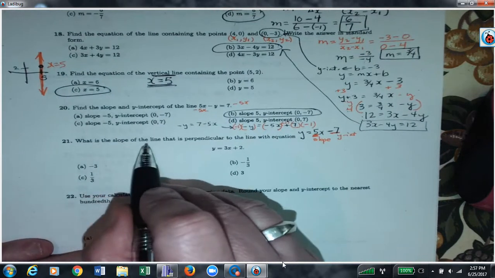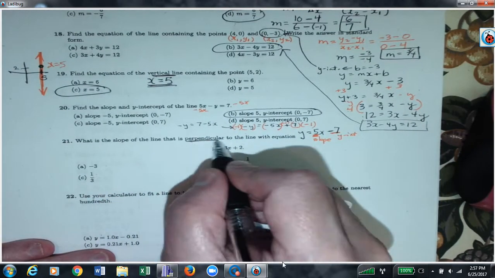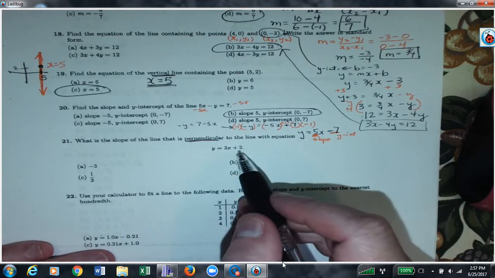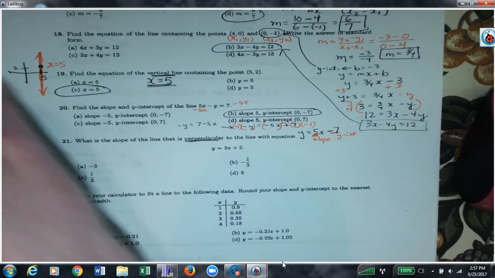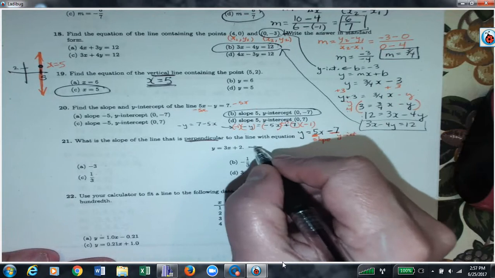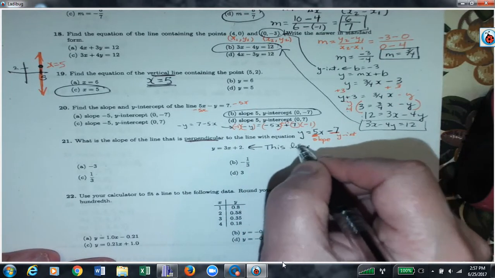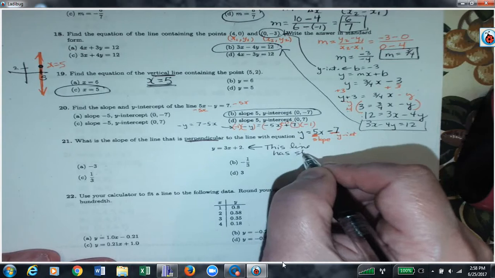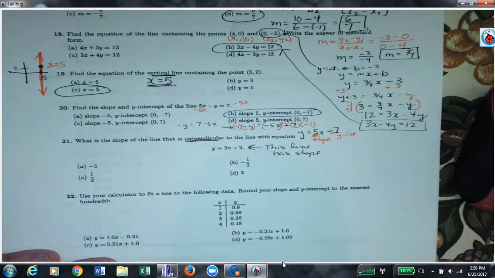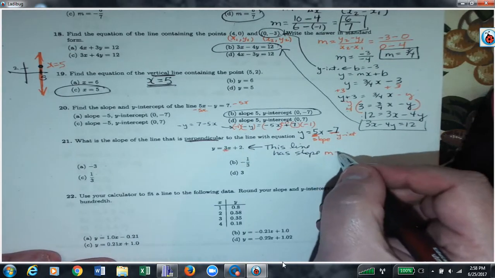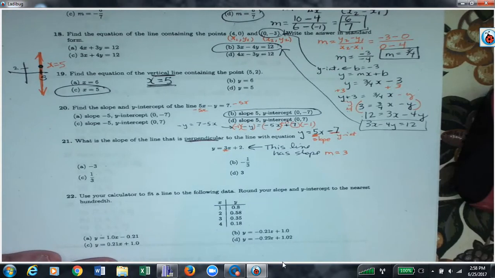Okay, what is the slope of the line that is perpendicular to the line with this equation? Okay, this line has slope, well, it's in slope-intercept form, so this line has slope m equals 3.